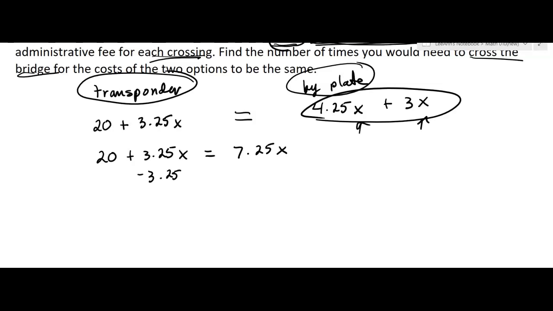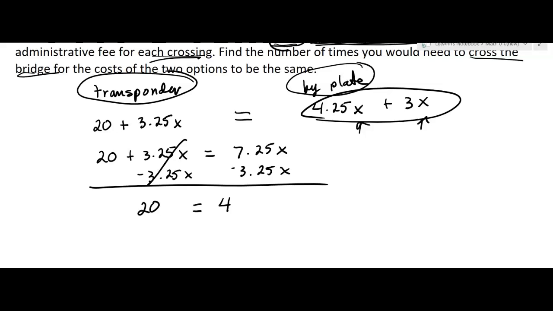Subtract 3.25x. And so I have 20, or you could put 20.00 if you want. And then those are canceling out, and what do we get here? We get 4x. And so we're going to divide both sides by 4, and we're going to get x to be 5. x equals 5.